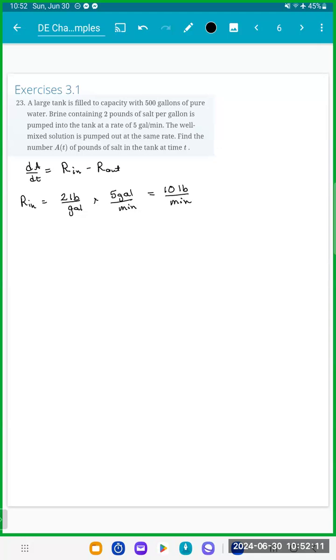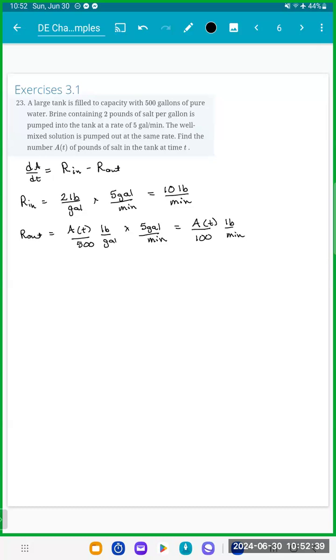Okay, that's the rate in. Our rate out is going to be A of t per 500 gallons times that 5 gallons per minute. So that's going to give me A of t over 100 pounds per minute.